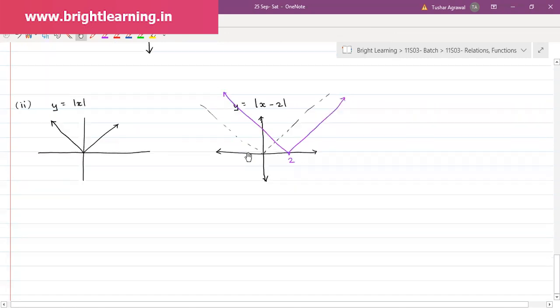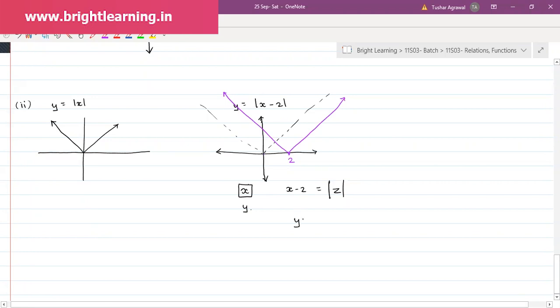Why did it happen, sir? Sir, x minus 2, consider it to be my z. Initially, whatever image x was giving me, to get that same image, I will have to make that z equal to x, because now my graph is mod of z.